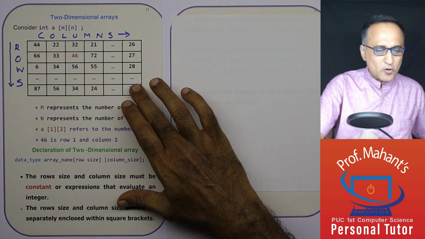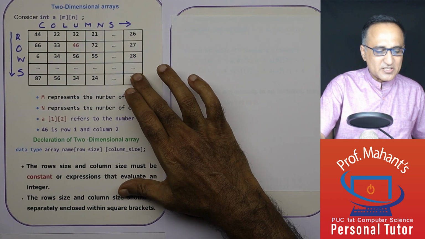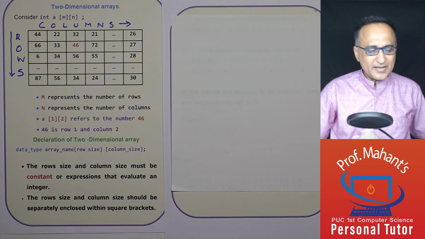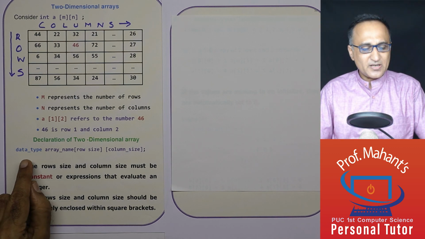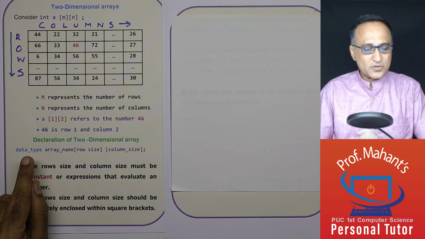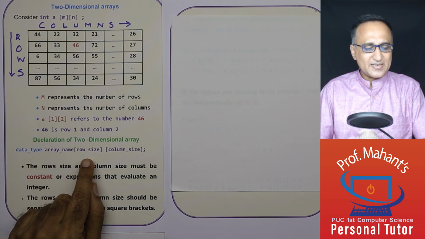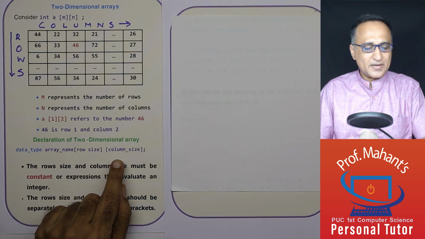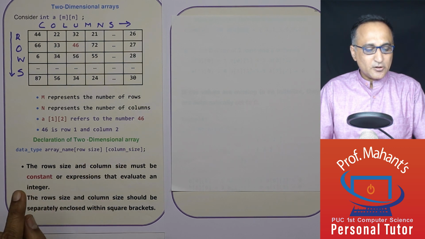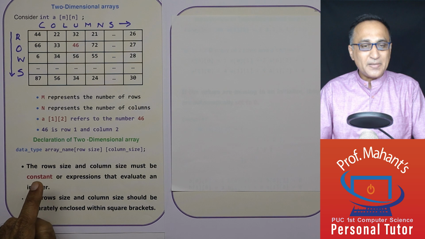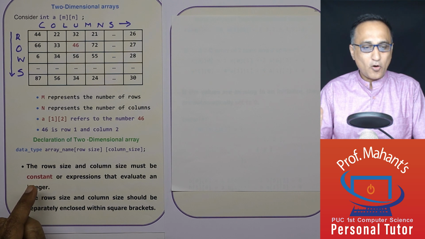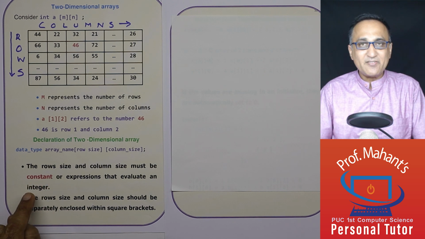Now let us see how we go about declaring a two-dimensional array. If we have to declare a two-dimensional array, first we specify the data type. In our case it was int. Then the name for the array. First you specify the size of the row followed by the column size. The row size and columns must be constants or expressions that ultimately give an integer.